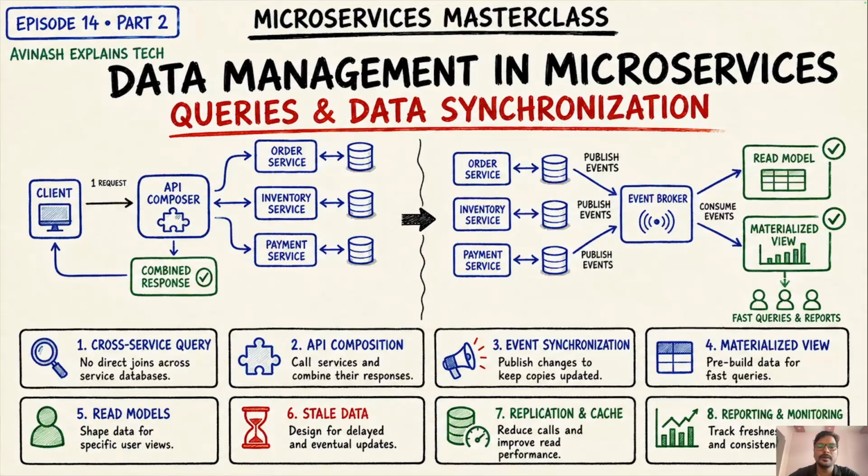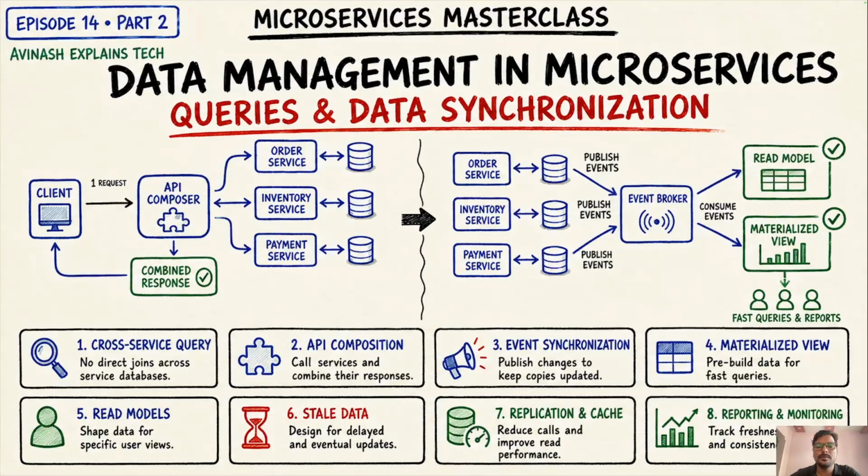This provides several benefits: faster queries, fewer network calls, reduced load on source services, better availability for read operations, and easier reporting. A materialized view can be stored in a relational database, a document database, Redis, OpenSearch, or a data warehouse.